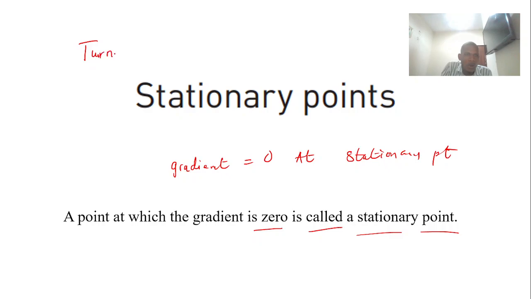So we can also call it a turning point, or a stationary point. Now don't forget the gradient must be equal to what? 0, okay? What that means is that my gradient function, which is dy over dx, must be equal to 0 at a turning point.